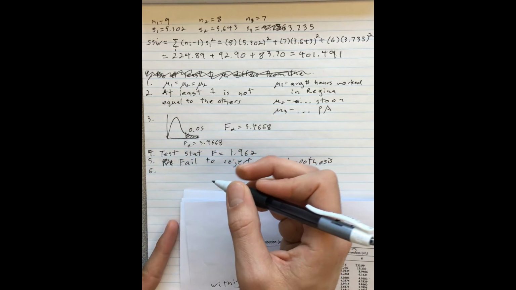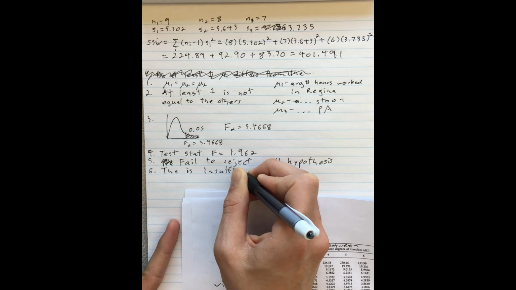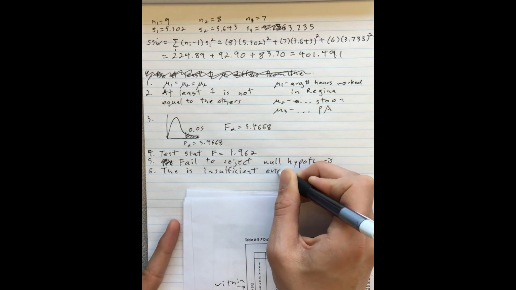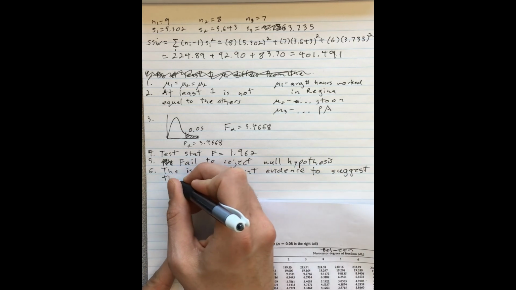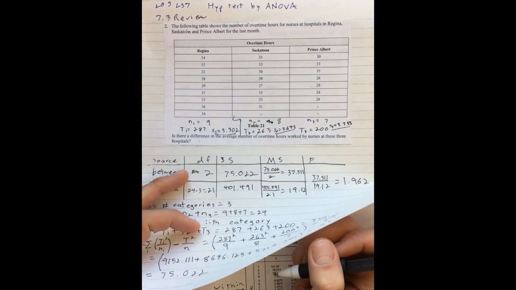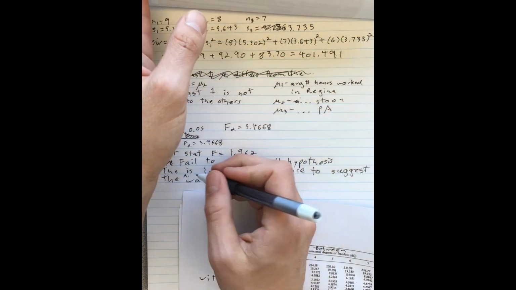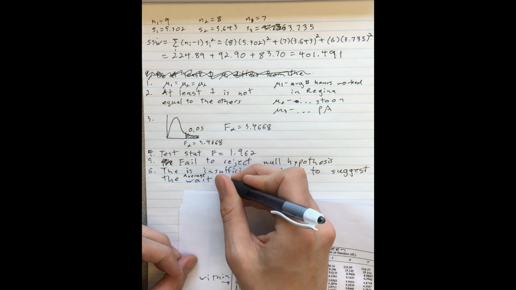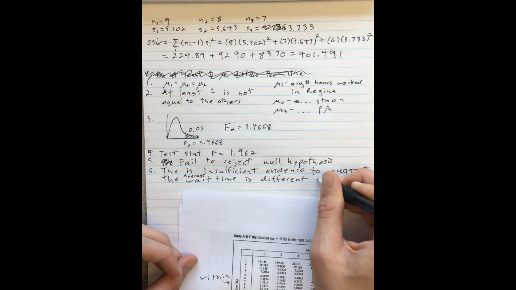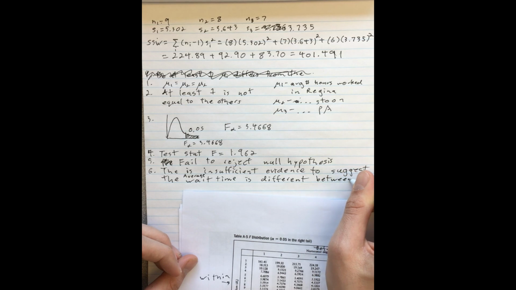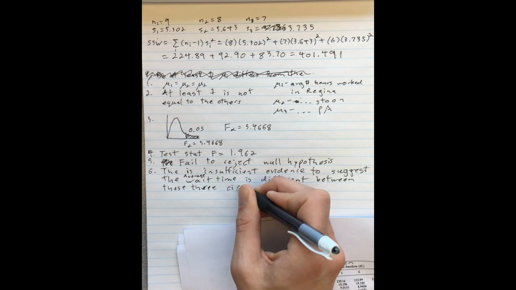And then 6, there is insufficient evidence to suggest the average wait time is different between these 3 cities, or you could say between Regina, Saskatoon, and PA.